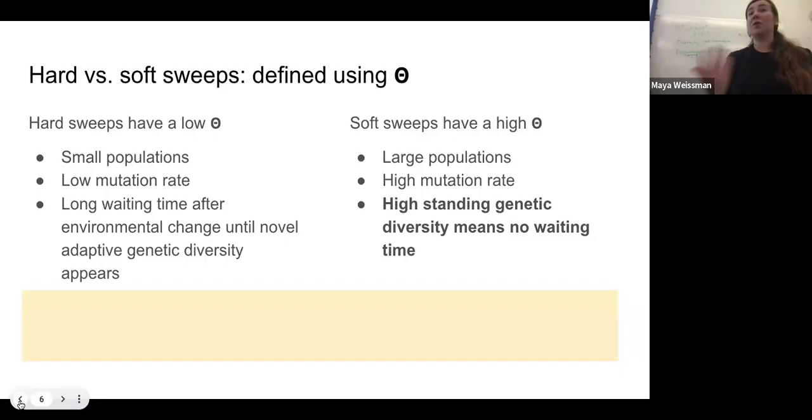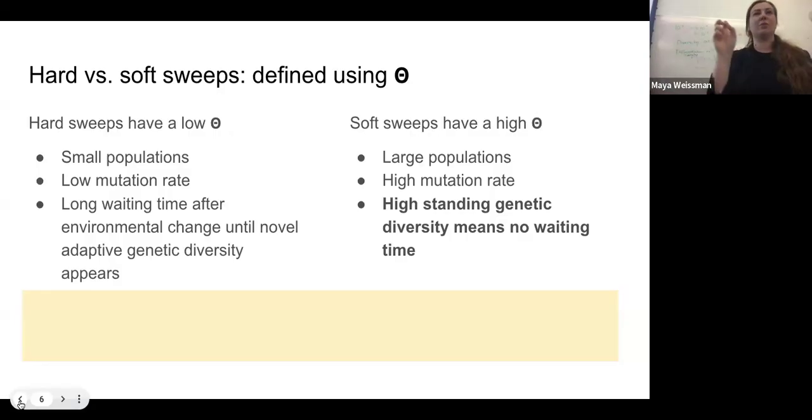One of them is how long the sweep takes. If you have a really super adaptive mutation that is going to rise in frequency super fast once it shows up, then there's not enough time for recombination or mutation to happen. Whereas if you have a really weakly adaptive mutation, it might take longer, and that's more time for recombination to break things apart.